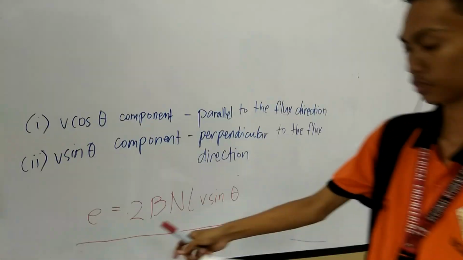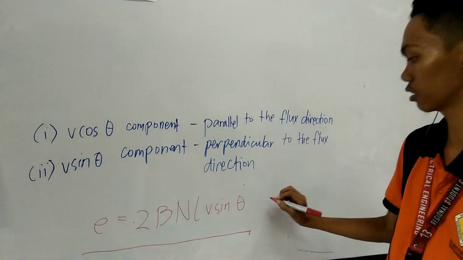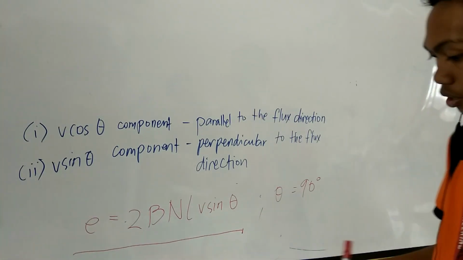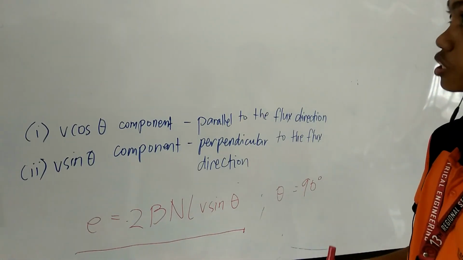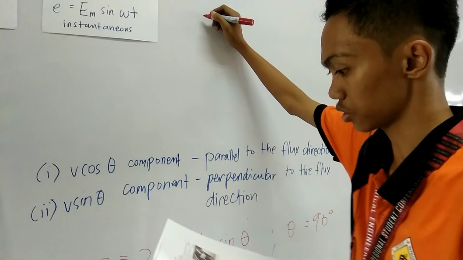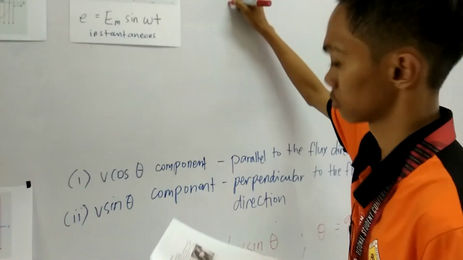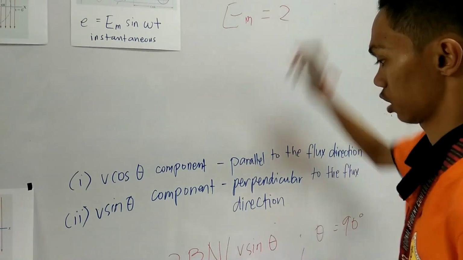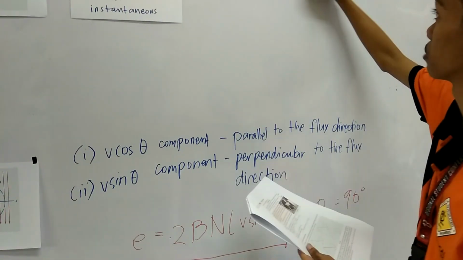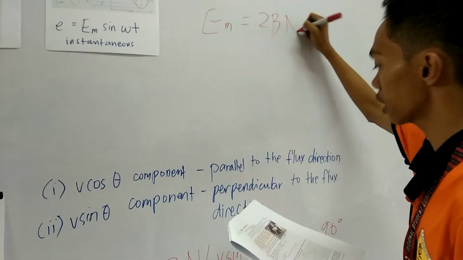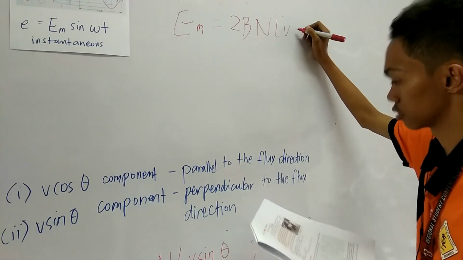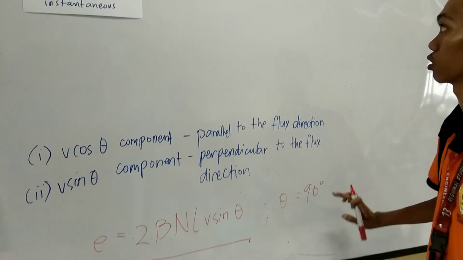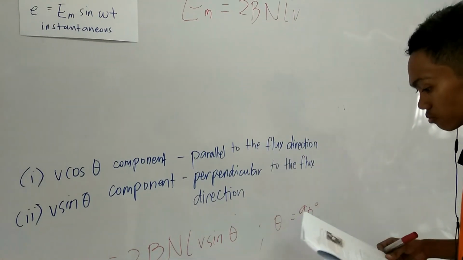Now E has a maximum value when theta is equal to 90 degrees. Hence, from the original equation, E sub m equals 2 B N L v, which is satisfied when theta is equal to 90 degrees.